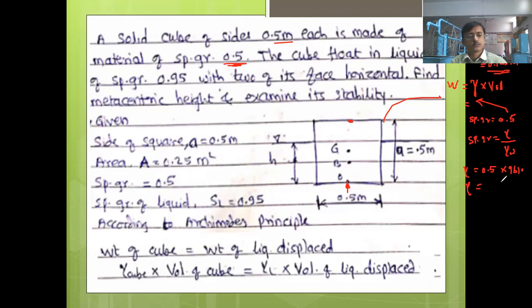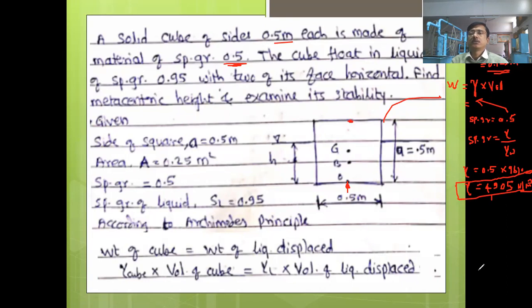How much has it come? 9810 into 0.5 has come 4905 Newton per meter cubed. Everyone got this value? That is the weight density of the cube.